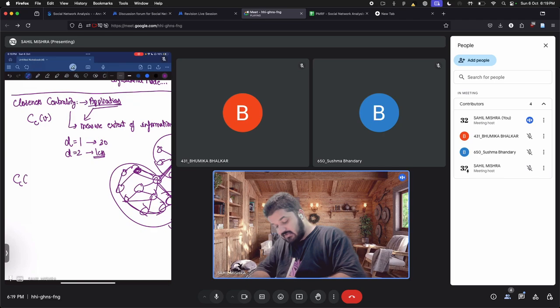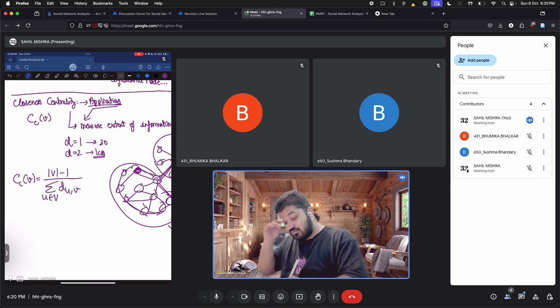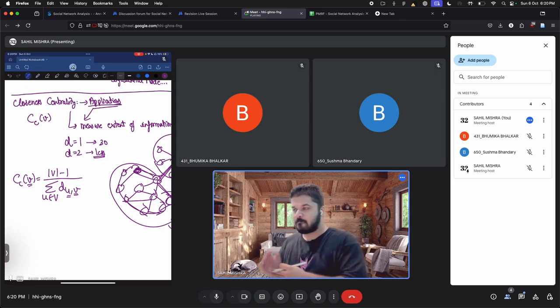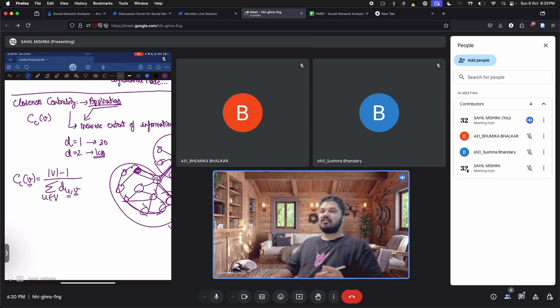So the formula for CCV, I'll just explain the formula. We take a node V, we calculate the distance from V to all the nodes in the network, and obviously if the distance is quite high, this means that the node is not that influential in that network. So that is why we make it reciprocal, because high distance means very low closeness centrality, it's not close to the network.